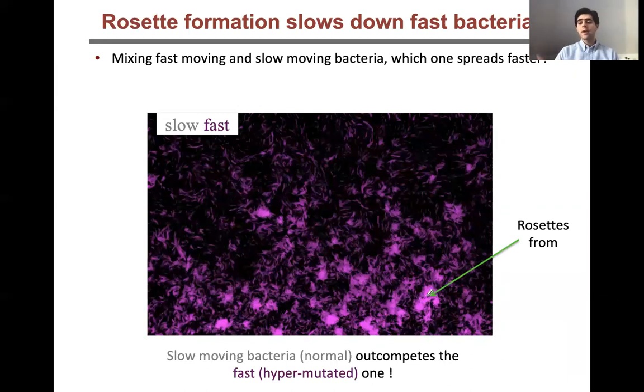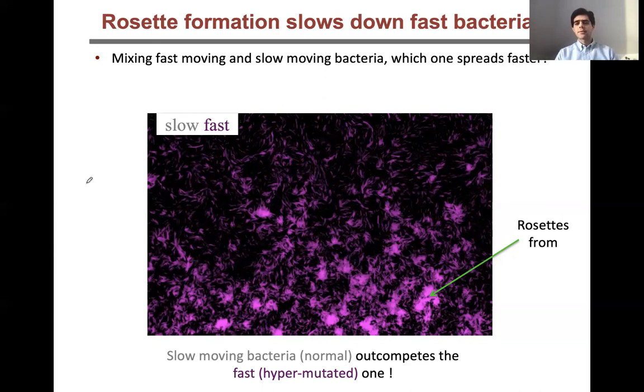So if we understand why these rosettes form, then we would have an understanding of why these fast-moving bacteria are not able to expand and invade the new territory as effectively as their slow-moving counterpart.